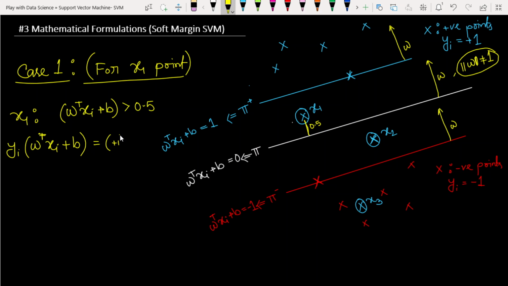So plus 1 into 0.5, so this multiplication is 0.5. I am simply rewriting these equations like this.